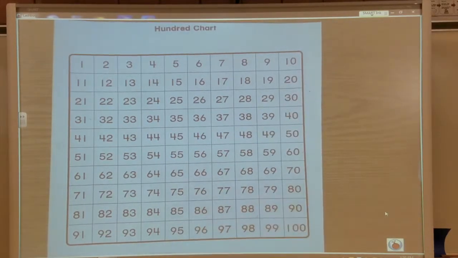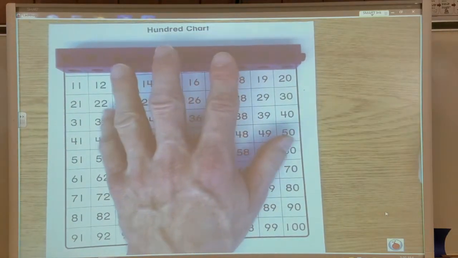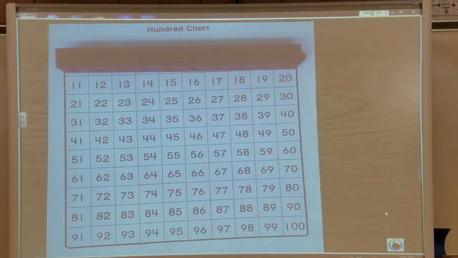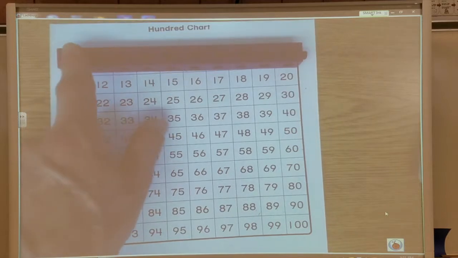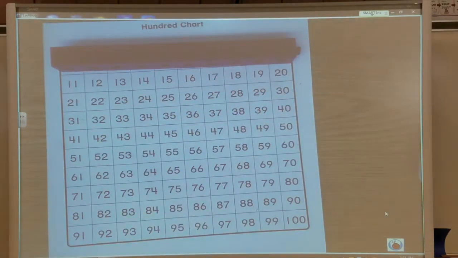We do a lot of work with towers of 10. So on the hundreds chart, I like to show the towers of 10. For example, being able to say, okay, that's 10. That's 10 cubes there. And we might have to count it. 1, 2, 3, 4, 5, 6, 7, 8, 9, 10 to prove that it's 10.